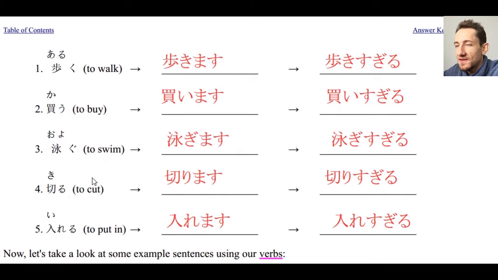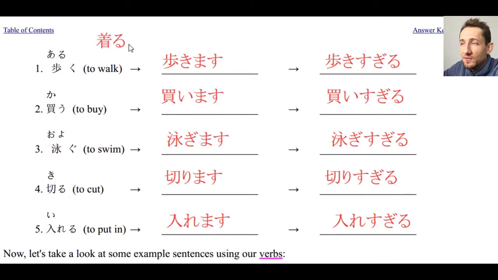I want to point out that this number 4 is tricky because it's difficult to look at kiru and know it's a type 1 verb. It looks like a type 2 verb. So you might have said something like kimasu, kisugiru, but that's wrong. It's very easy to confuse this kiru, which means to cut, and this verb kiru, which means to wear.